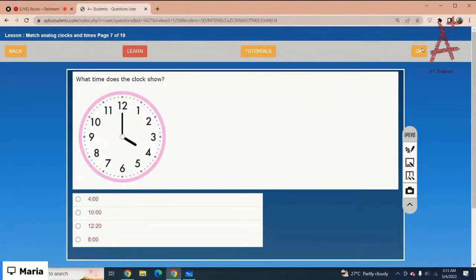What time does the clock show, which is the correct option? Yes, the correct one is 4. The shorter hand points to 4, so it would be 4.